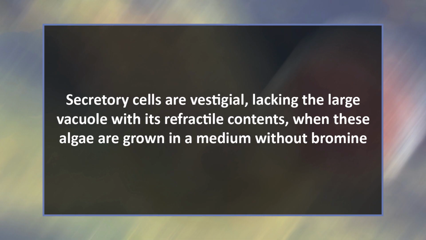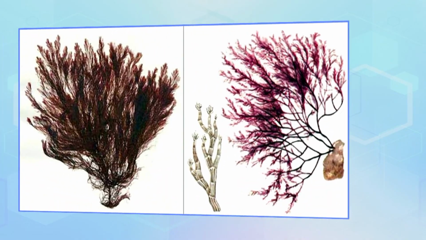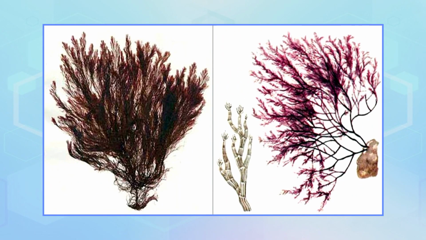Secretory cells are vestigial, lacking the large vacuole with its refractile contents, when these algae are grown in a medium without bromine. Bromine can also occur as granular deposits in mucilage, such as in the thallus medulla of Thysanocladia densa or in the cuticle of Polysiphonia nigrescens.